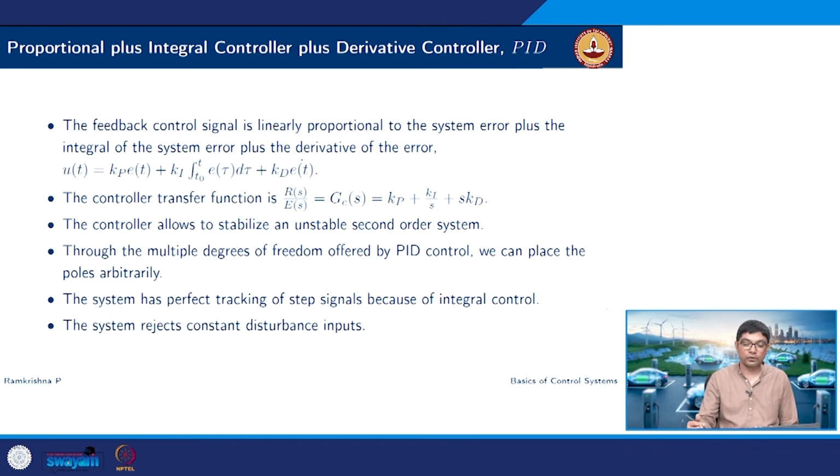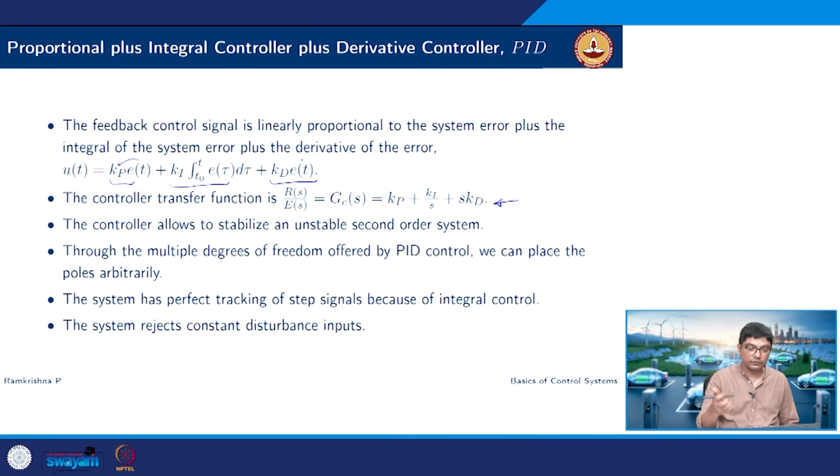Okay. So if I look at the entirety now, I can have a proportional control which is directly a function of the error, integral control which integrates the error, and the derivative component which has the E dot component. Together with the transfer function of the controller, it will look like this. The controller also allows us to stabilize an unstable second order system, right?